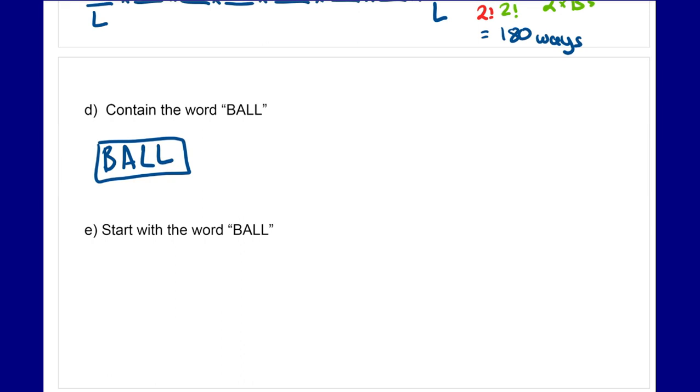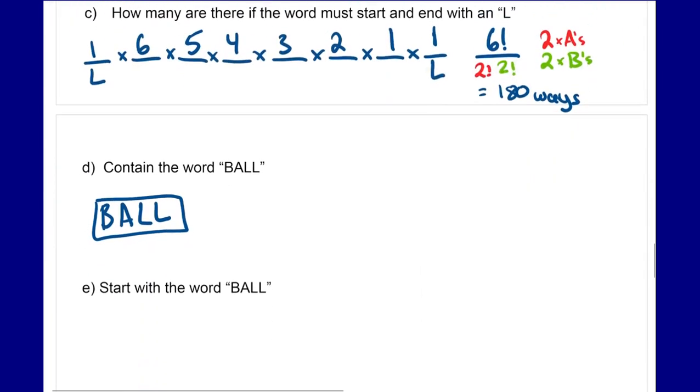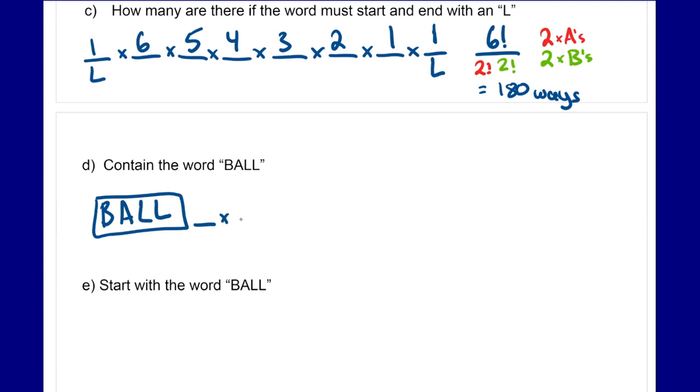So then we have 8 letters, or sorry, 4 remaining letters or 4 remaining spots. Again, keeping in mind that this moves. So that means there's actually 5 items, or 5 factorial.